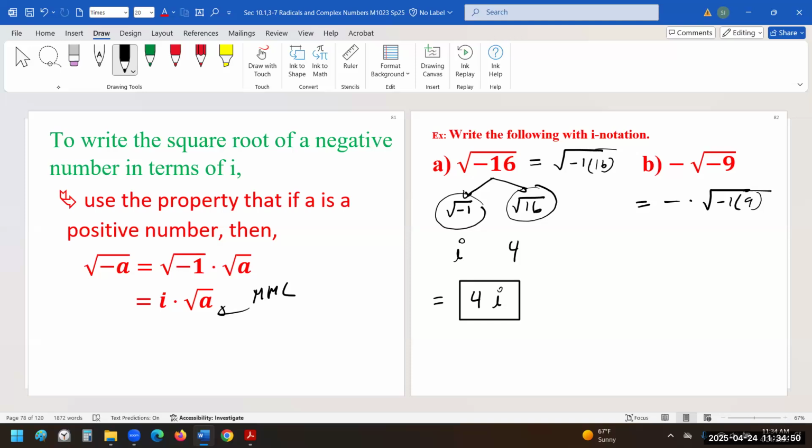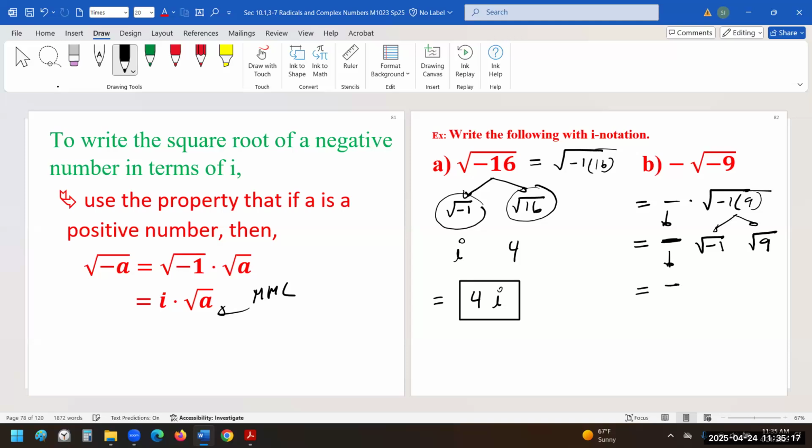So anytime you have a negative in the front, what do we do? Do you remember? We just carry it down, because it's a multiplication, just like a coefficient. You bring it down to the last step. So we keep our negative, but we split this into two pieces. One is square root of -1, and one is square root of positive 9.